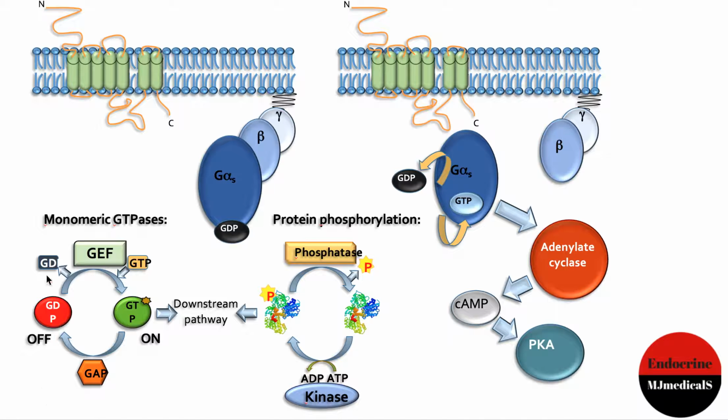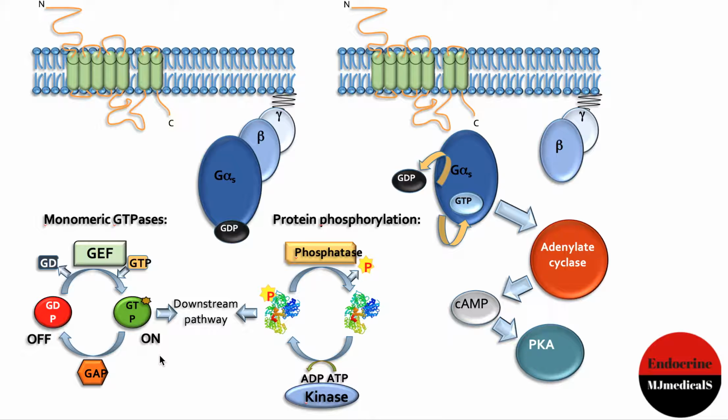This diagram is slightly complicated, so you might want to listen very carefully to make sure you understand it. So what you have here is GDP in the red, and you have GTP. So you see GTP is the on format.